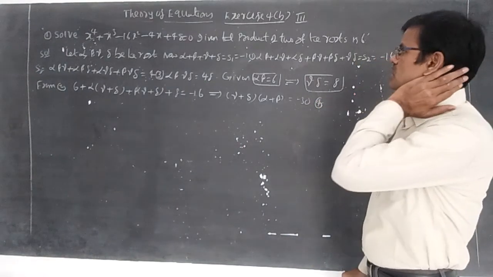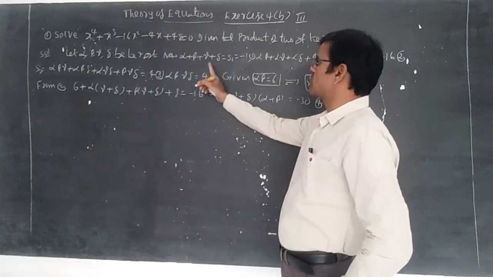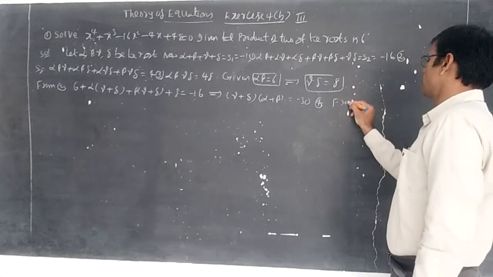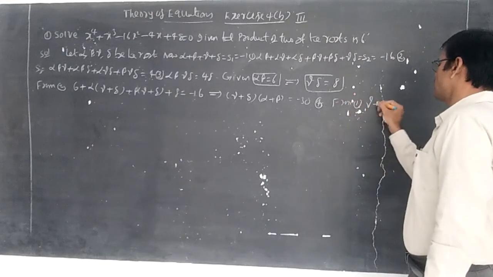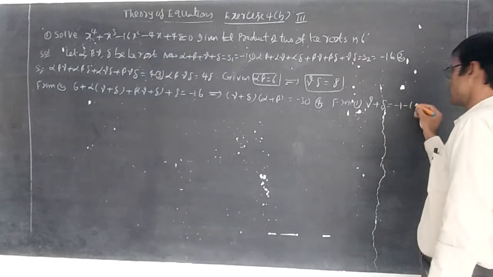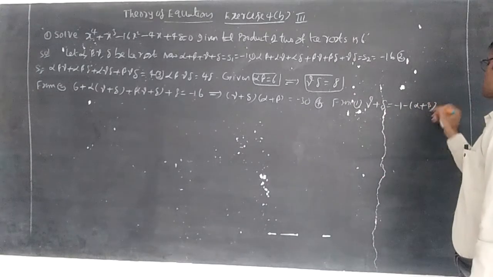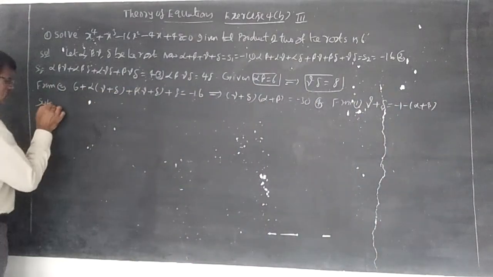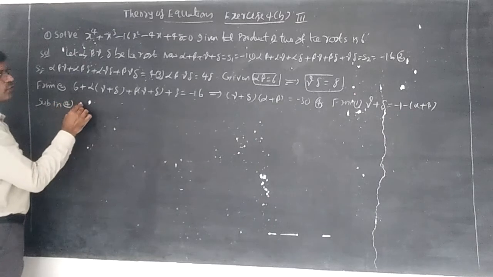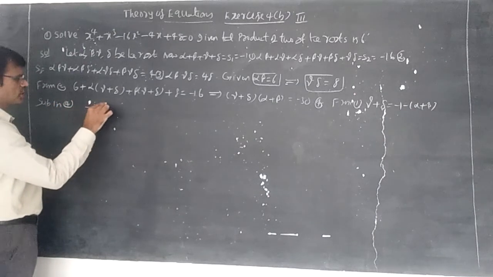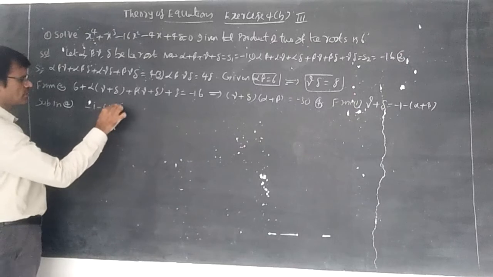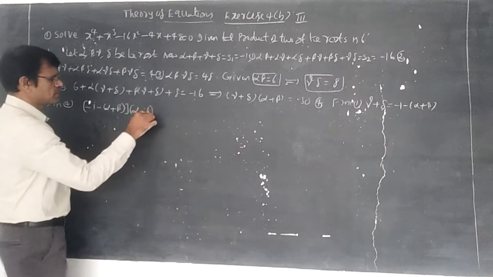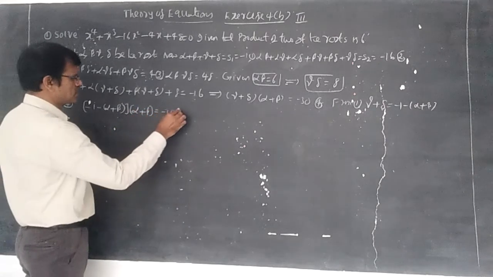Based on the first equation, alpha plus beta plus gamma plus delta is equal to minus 1, so gamma plus delta is equal to minus 1 minus of alpha plus beta. Substitute in 4: minus 1 minus of alpha plus beta, into alpha plus beta, is equal to minus 30.